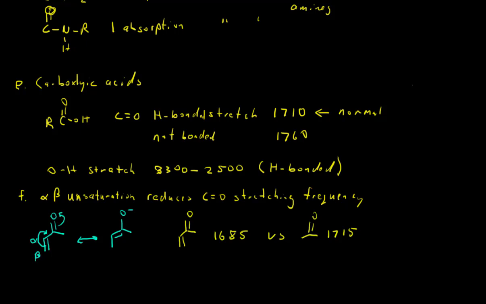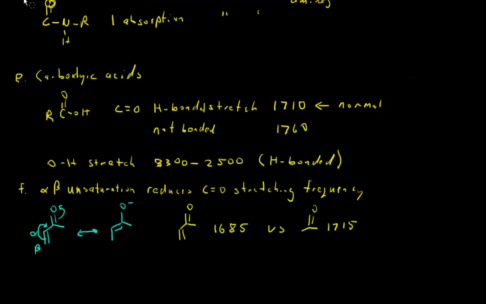We see the same thing for benzylic carbonyls. So if you look at acetophenone, the carbonyl stretching frequency is about 1683 versus, again, 1715 for the non-alpha-beta unsaturated acetone.